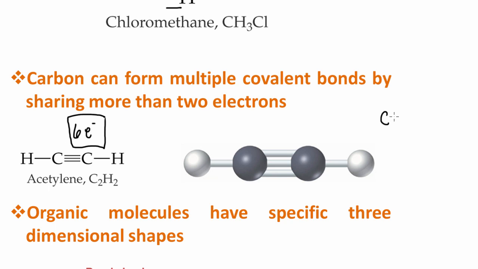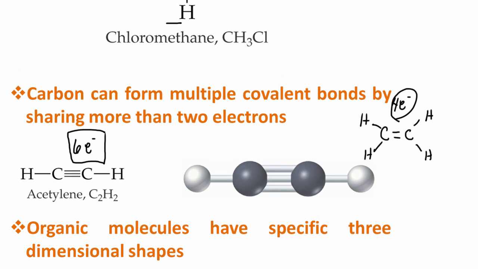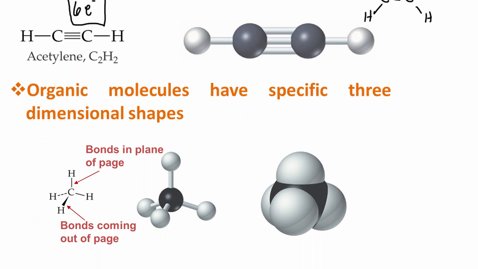If we had something like this, this is called ethene. We have a carbon-carbon double bond, so that means in this double bond, these carbons are sharing a total of 4 electrons.